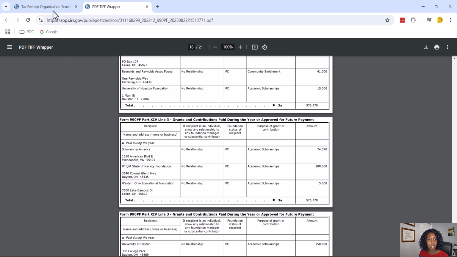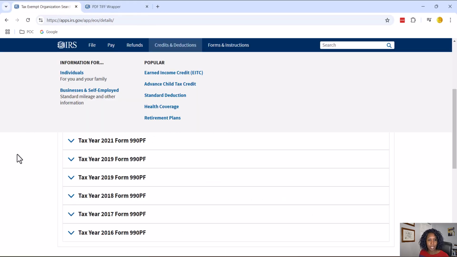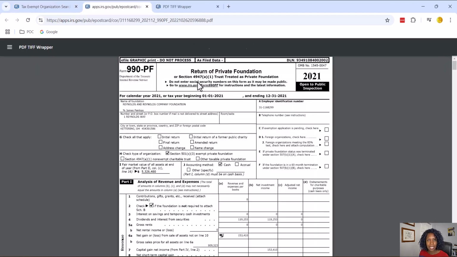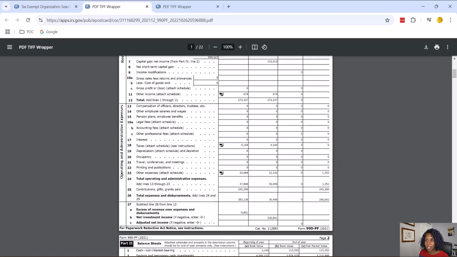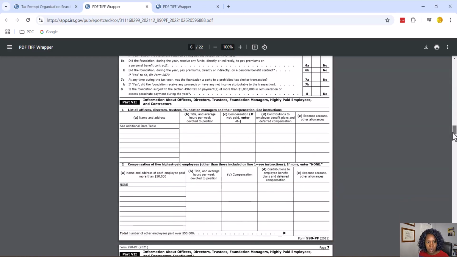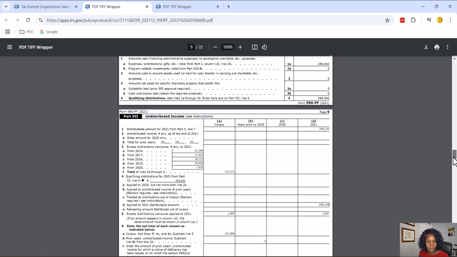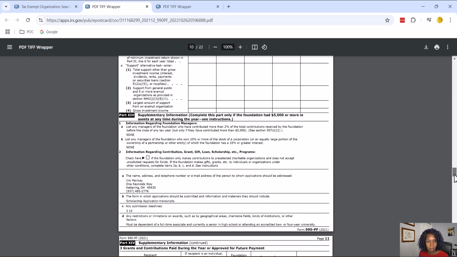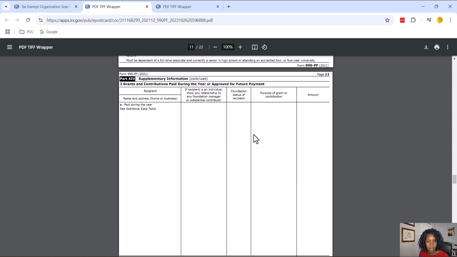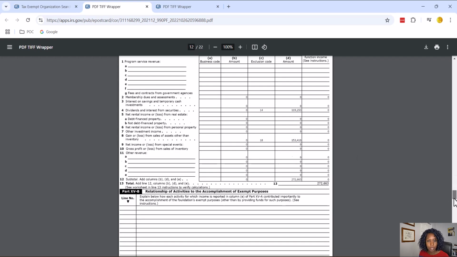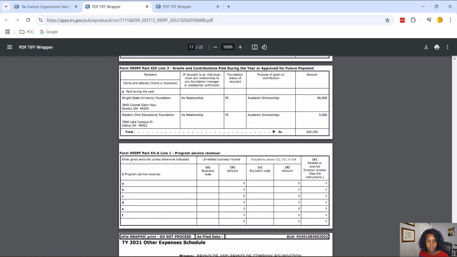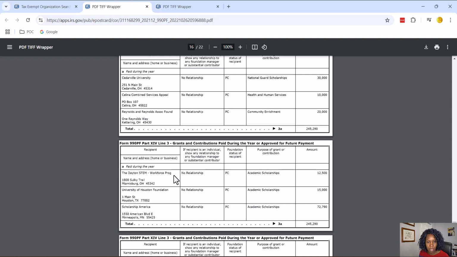What you can also do, let's go to the IRS website. You can go to 2021 and see what they funded in 2021. So let's scroll down and look for our Part 14. Okay, here it is. We have to go down further to get to the recipients, and here they are.